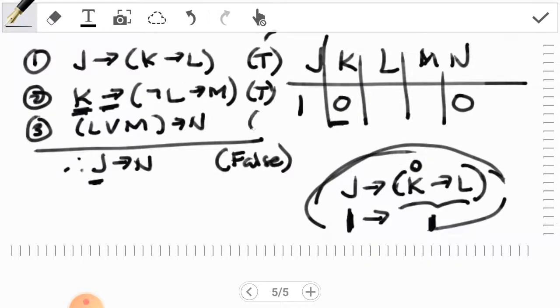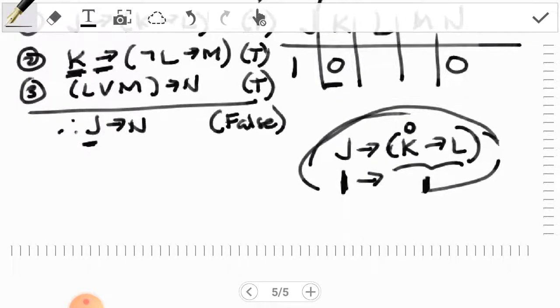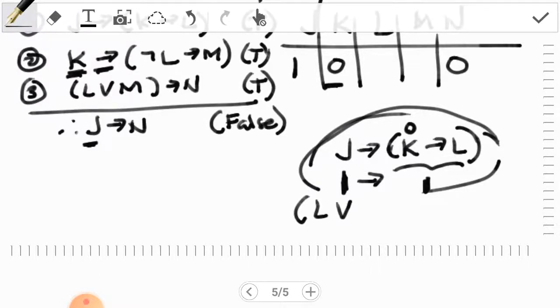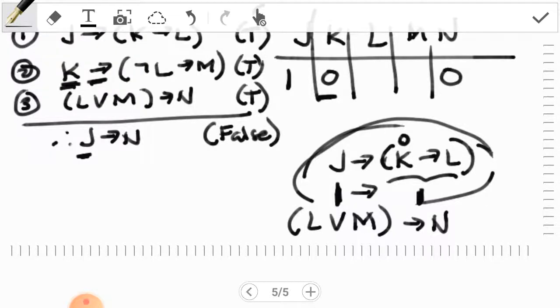Now let's go to the third proposition. We want the third proposition to be true. For the third proposition, what do we have? We have L or M implies N. Remember, we want the third proposition to be true.